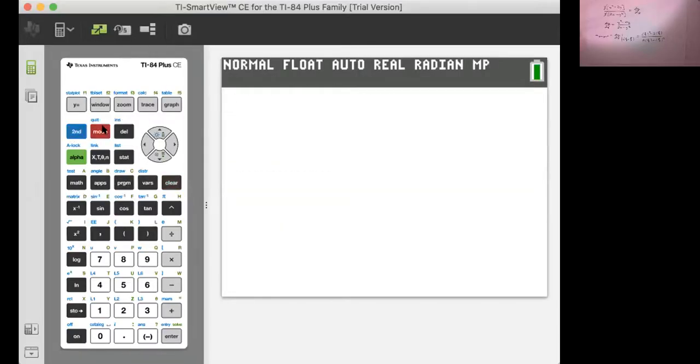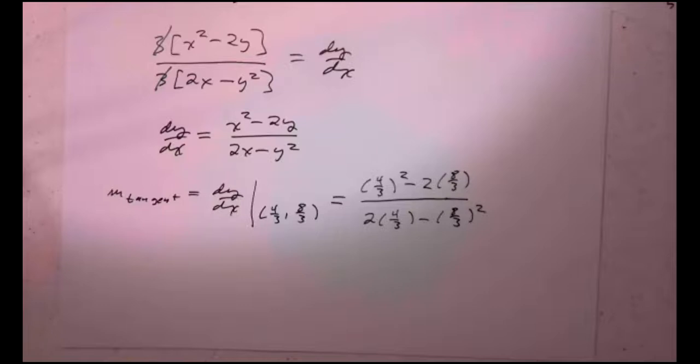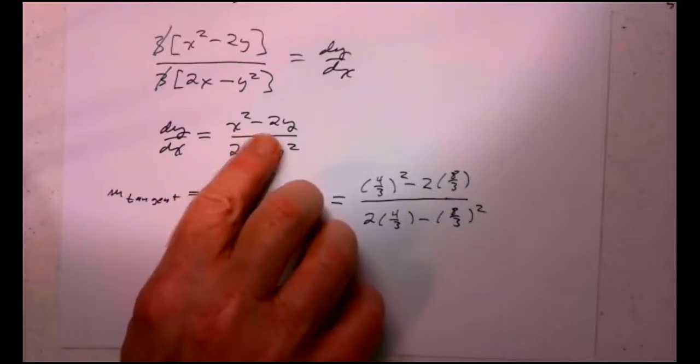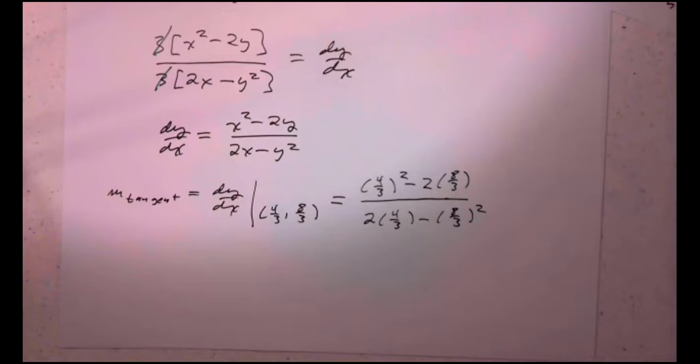I am going to let 4/3 be x, so 4/3 store in x, and 8/3 store in y. And I've got to plug it into what I had, which is x squared minus 2y over 2x minus y squared.